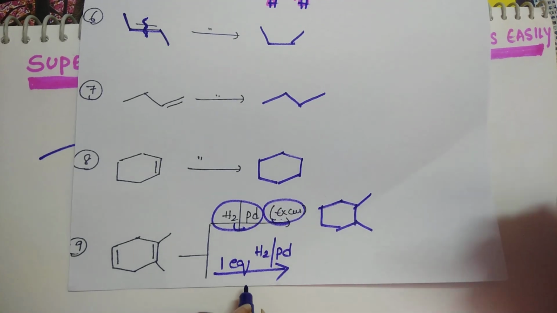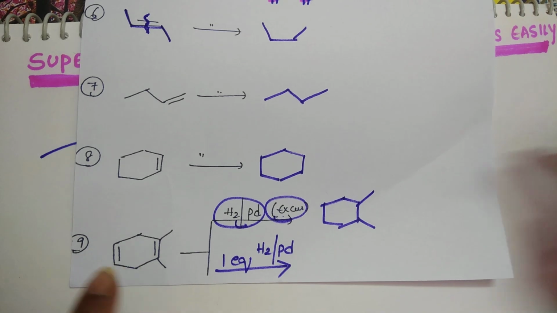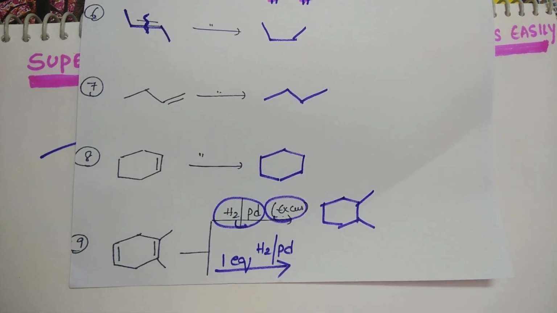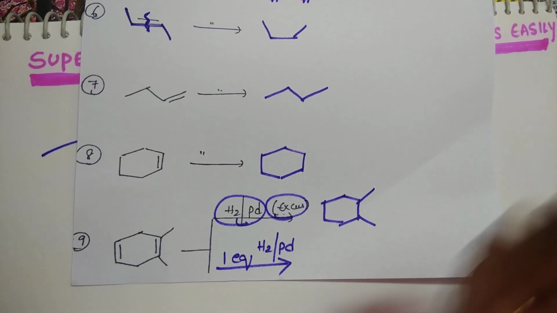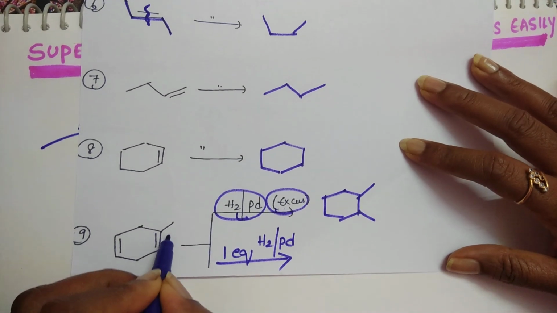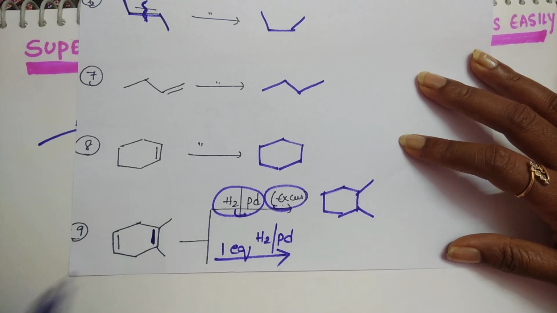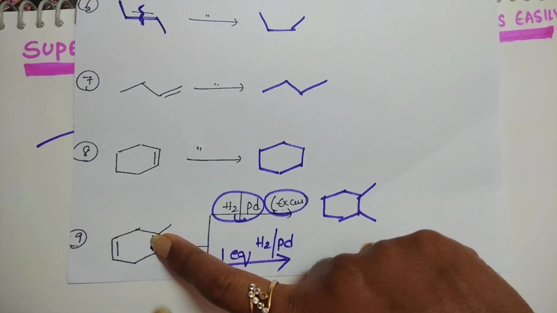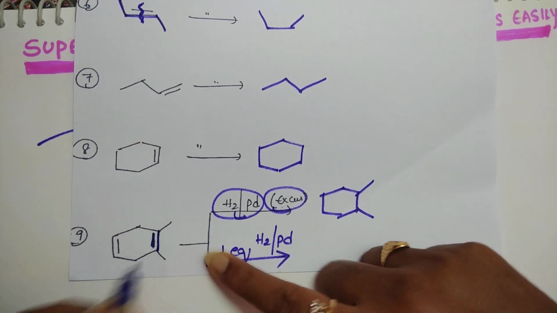But if you pass only one equivalent, then out of two, the technique is, the main point is, which alkene is more crowded, that is stable. For the more crowded alkene, the rate of hydrogenation is less. How do you see which is more crowded?